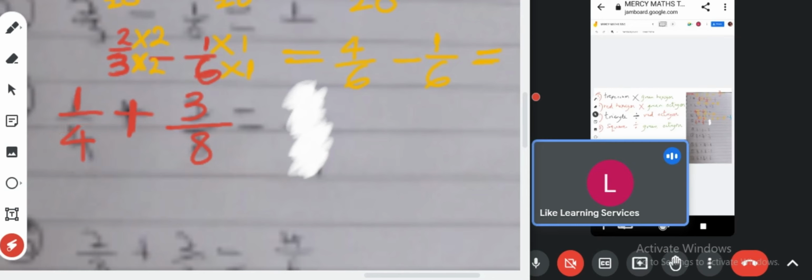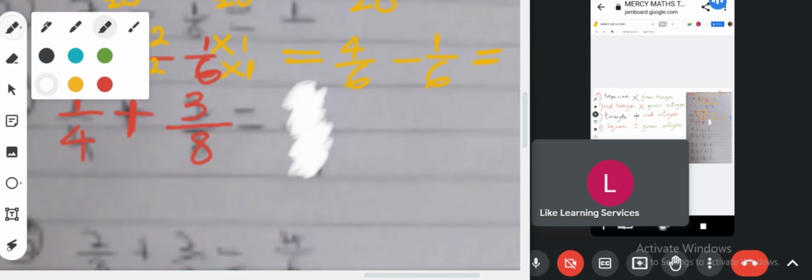The question you should ask yourself is, if 4 can divide 8, think of what you can multiply 4 with to get 8. What can you multiply 4 with and then you get 8? 2. Yes, 4 with 2.